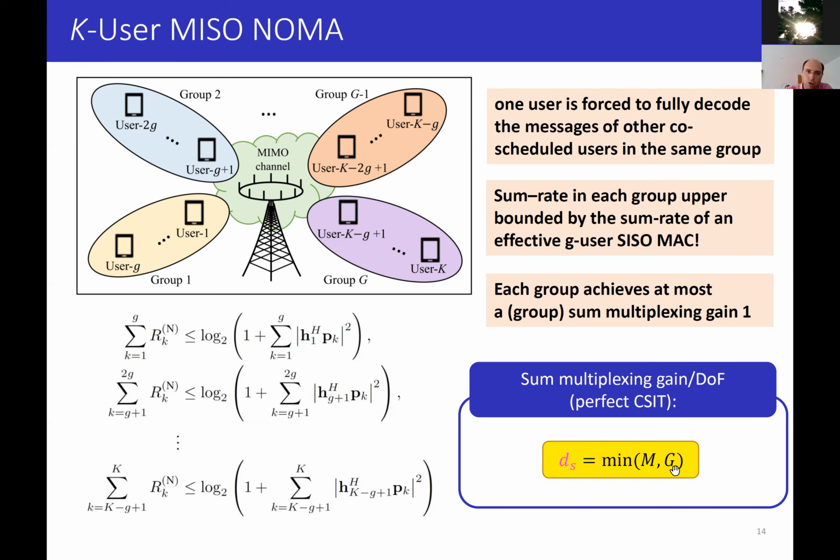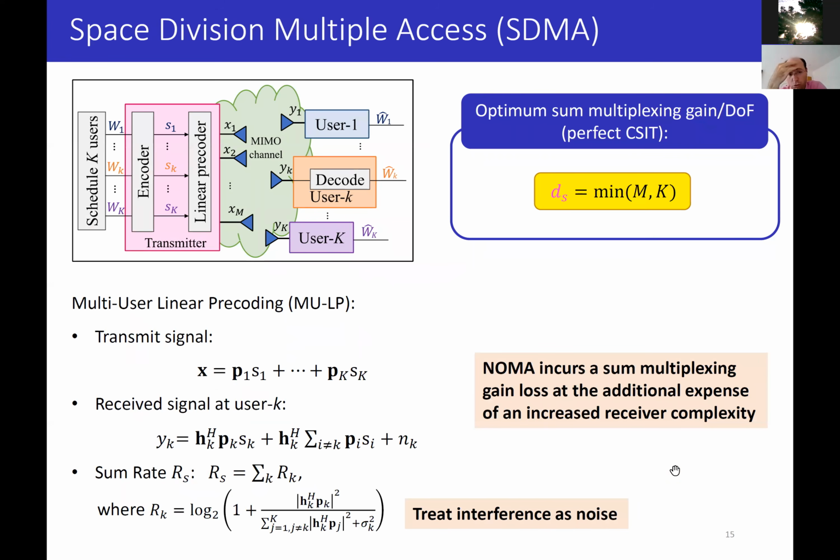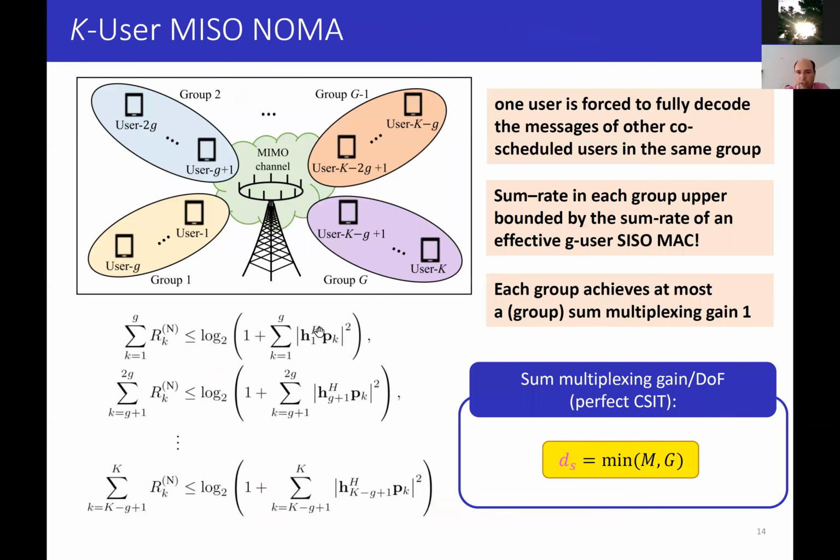Now, how does that compare with simply doing space division multiple access or multi-user linear precoding, multi-user MIMO, classical techniques? Well, we know that you can transmit a minimum between M and K. If you compare that with what we had here, G is always smaller than K when you do NOMA, because once you start pairing users, the number of groups will always be smaller than the number of users.